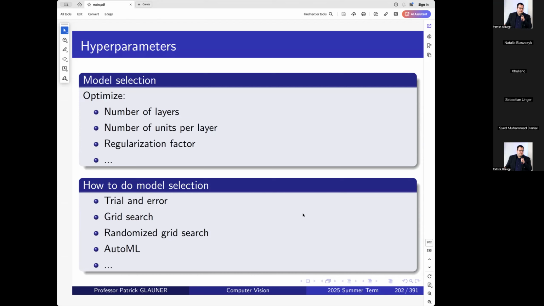So I see that you don't see the problem. With grid search, I will have this combinatorial explosion. I need to train one neural network for each of these settings. So one neural network with one hidden layer, 100 units, and some regularization factor. Then I change the regularization factor, and I have lots of possible values for each of these hyperparameters. And each training possibly takes long because it's a big neural network that I each time need to train.